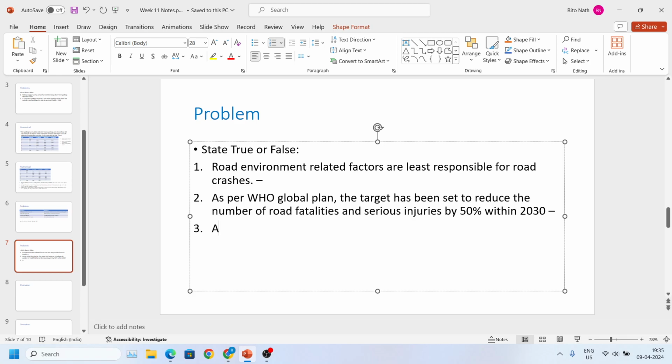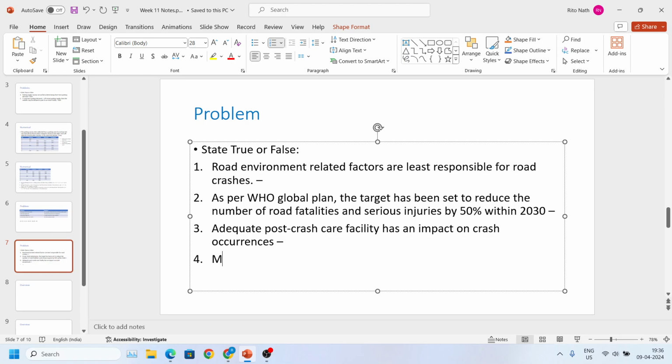Third one is: adequate post-crash care facility has an impact on crash occurrences.